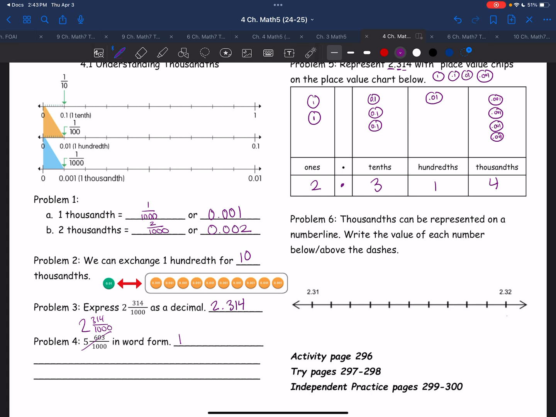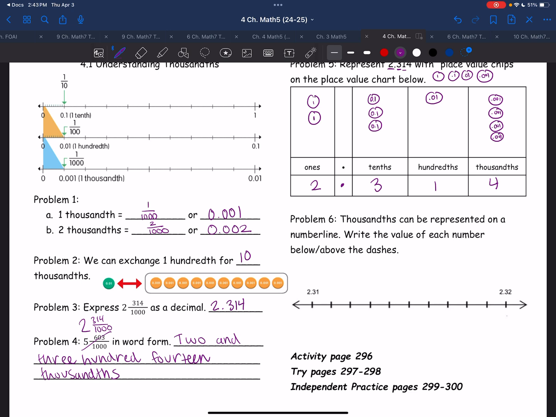So we would read this as 2 and, so we say and to separate the whole number and the fractional part. 2 and 314, but it's not just 314. It is 314 thousandths. And then don't forget to put the THS at the end.